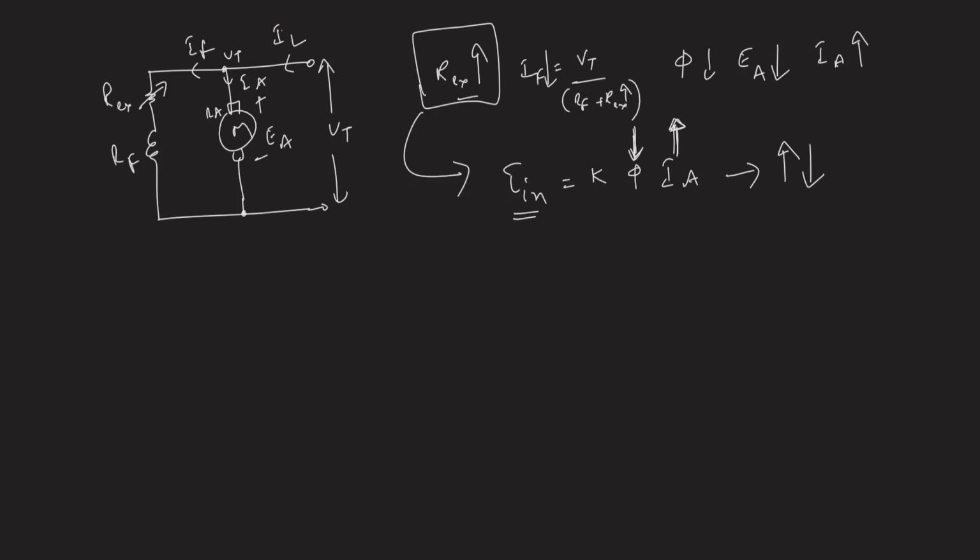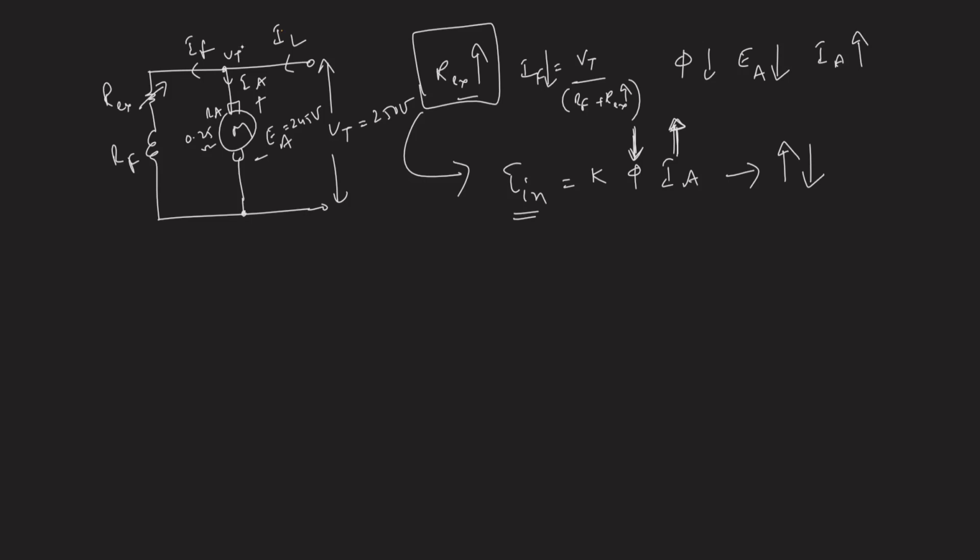So to understand this, I think I have given this example earlier also. Assume that this is 250 volts, initially EA is 245 volts, right? Armature resistance is 0.25 ohms.